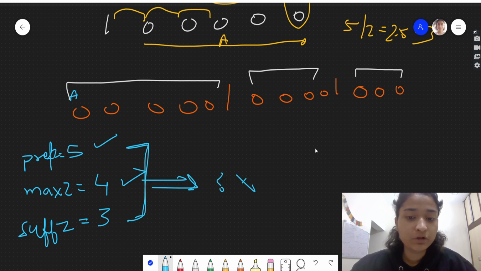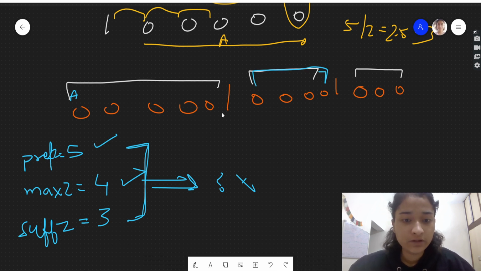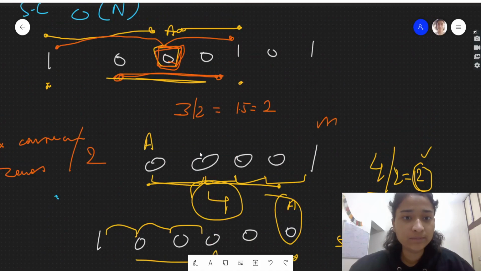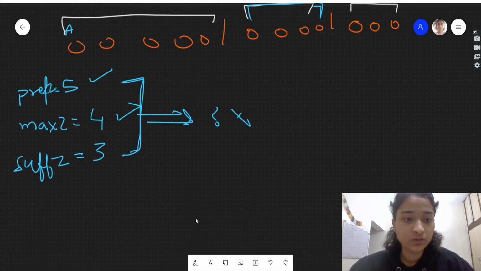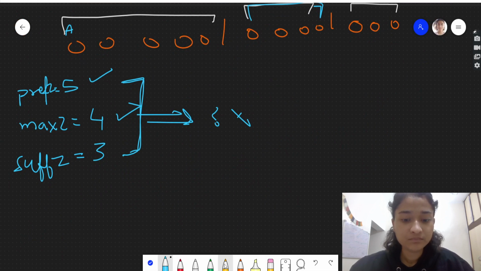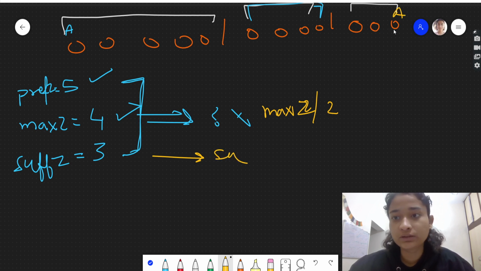No, we will not take 4 as it is, because we saw earlier that when we have middle zeros in between, we divide the consecutive zero count by 2, because that will be the distance between Alex and the ones. So we will divide max zeros by 2. That will be our distance, and suffix we will take as it is, because Alex can sit here. So this is the distance between them.